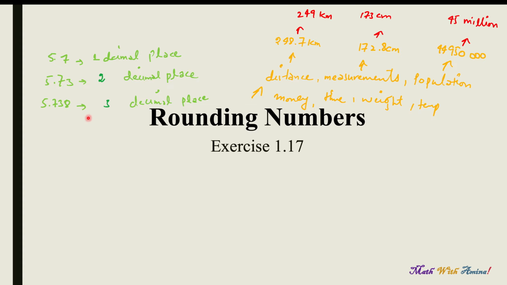We are going to practice it in our questions, but the concept of decimal place and place value is important to know before we start rounding. Now that we have understood what rounding is, why we use it and how it works, let's begin solving the very first question.